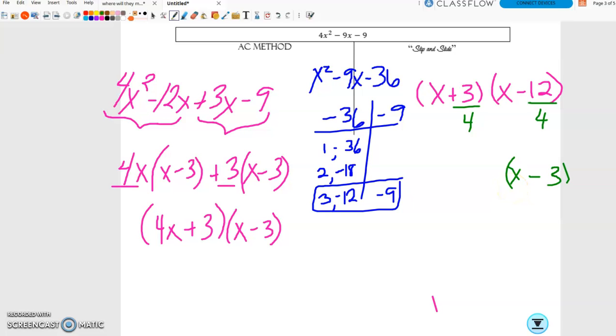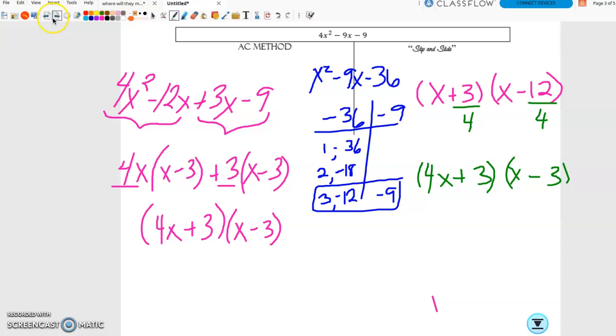So that factor is done. And now right here, we have to deal with this 3 over 4. That 4 can't stay a fraction, so we slide it in as our coefficient. So 4x plus 3 and x minus 3. Either one gives you the exact same answer. Different methods, same answer.